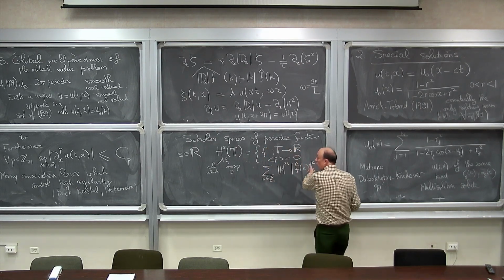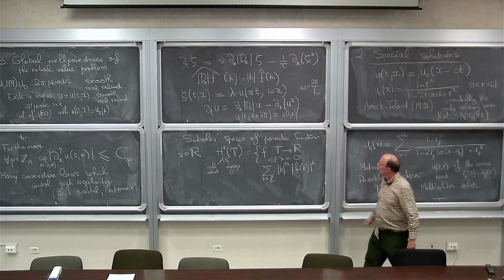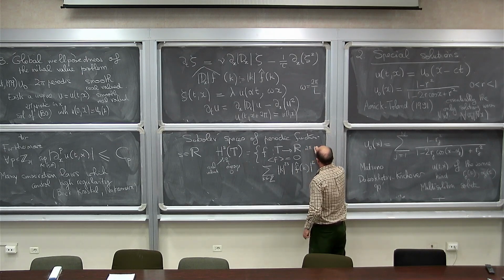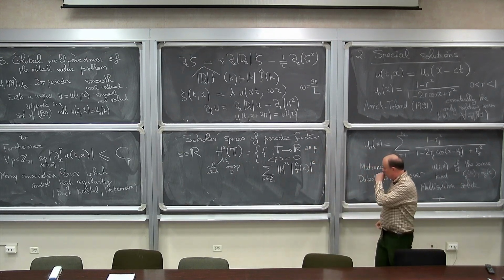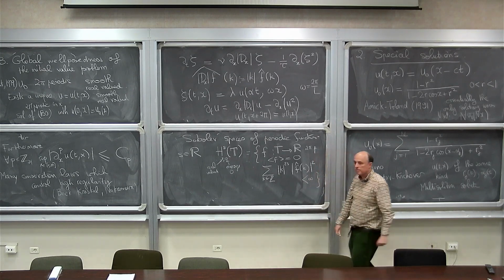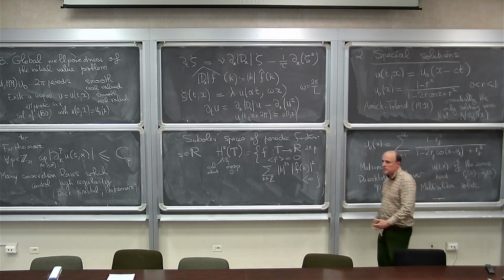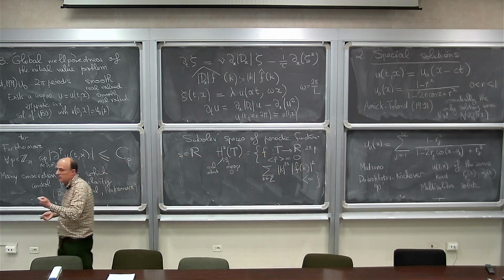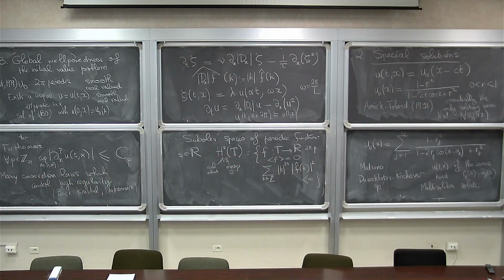So you look at all the wave numbers here. They are integers because I have 2 pi periodic functions. And you demand that this is finite. So what does that mean? It means in some sense that the s derivative of your function f is square integrable.